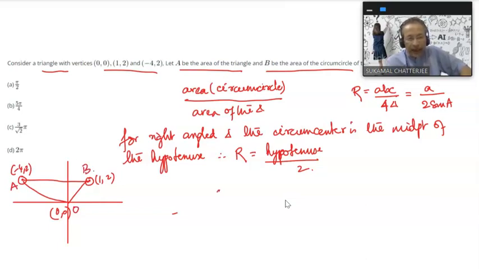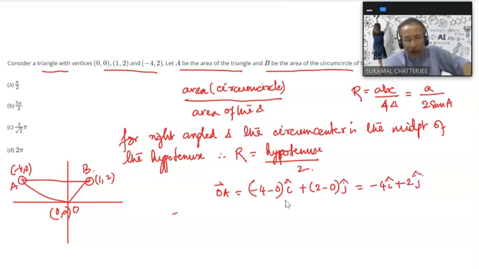now I can see that if I use vector algebra, OA is given by -4 minus 0 into i cap plus 2 minus 0 into j cap, which is -4 i cap plus 2 j cap, and the vector OB is given by 1 minus 0 i cap plus 2 minus 0 j cap, which is i cap plus 2 j cap.